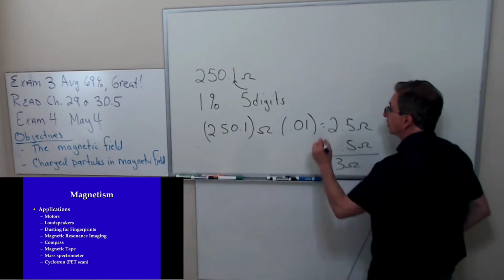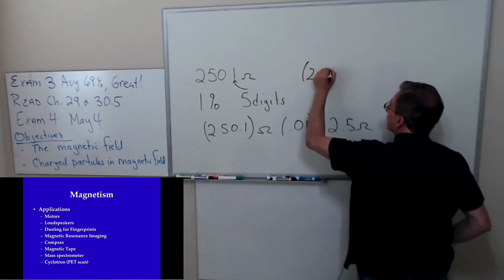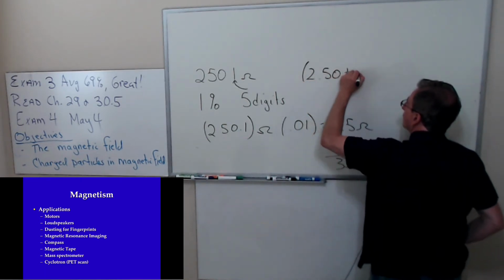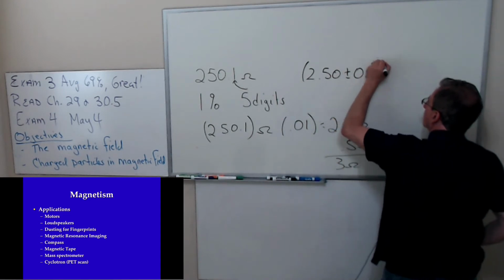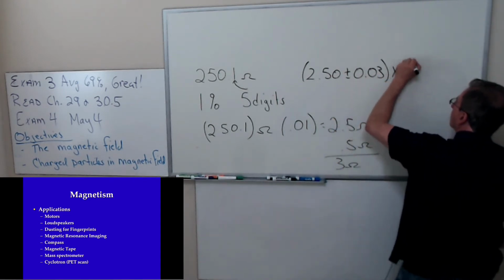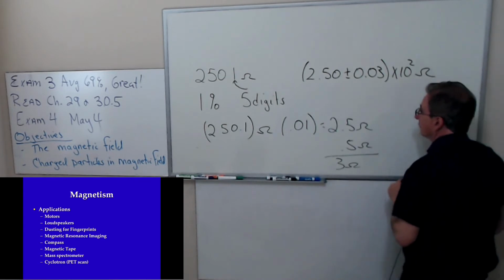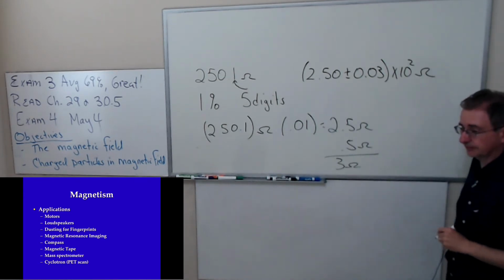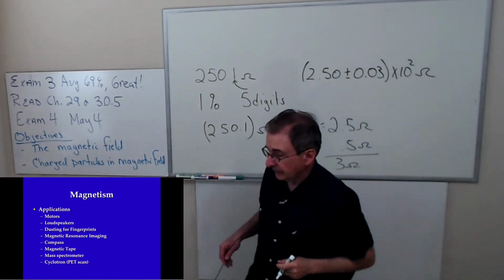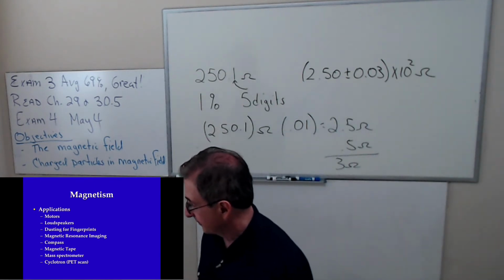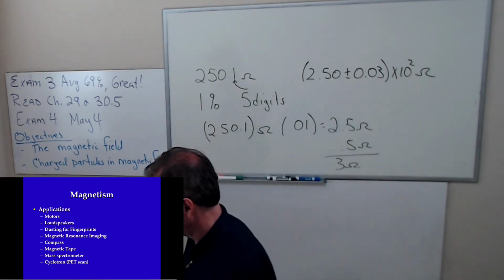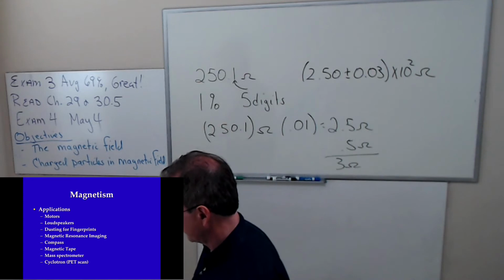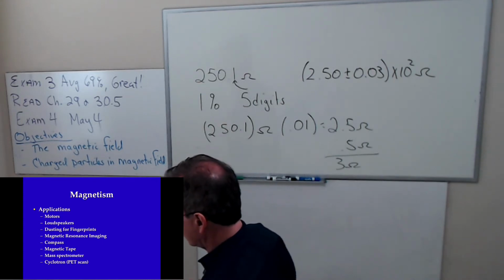So your uncertainty is 3 ohms. And so you're going to write that for the value of the resistance.